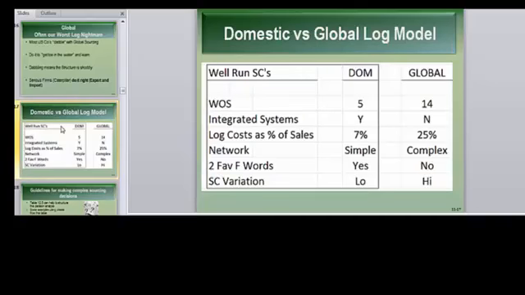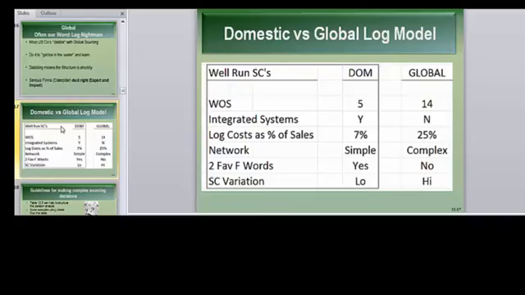Live with that. On the domestic side, that's what DOM stands for in slide number 17, we have integrated systems. And logistics costs as a percent of sales run about 7%, from the Boston Consulting Group study that we referenced way back when. And the network is fairly simple.